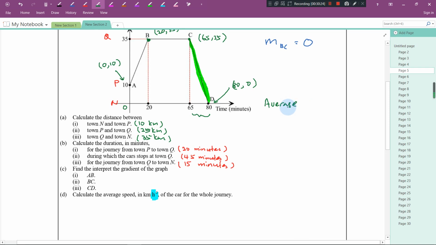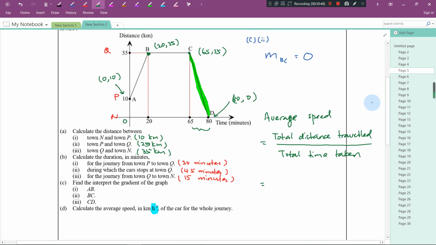Average speed is equal to total distance travel divided by the total time taken. Right? Okay, so the total distance travel for the whole journey.